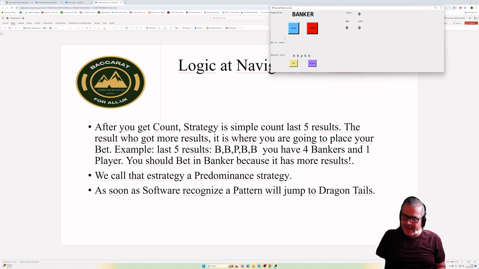So the first 5 are bank, so you expect bank to come the 6th. Okay, so basically the idea is to catch those dragon tails as early as possible.